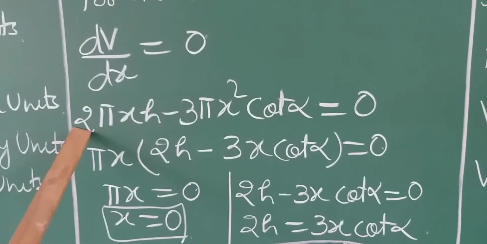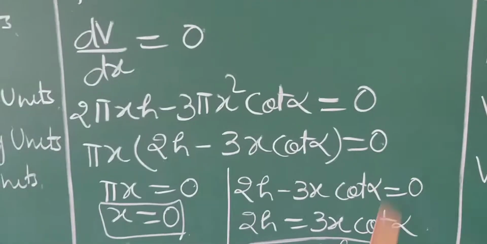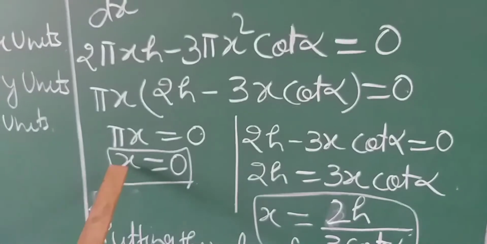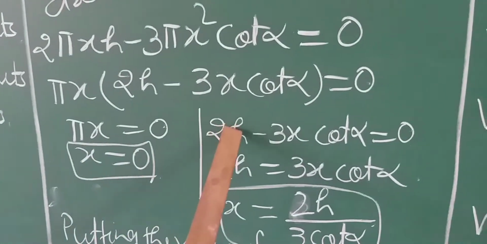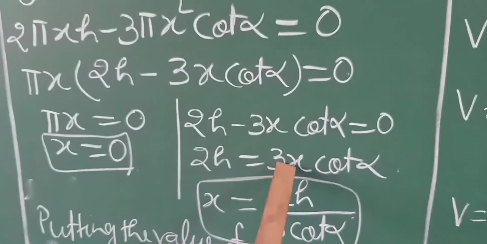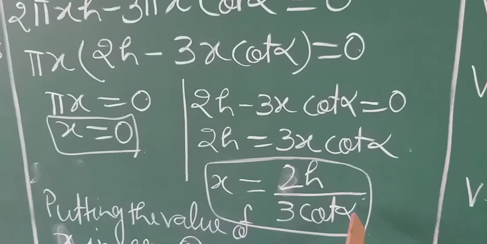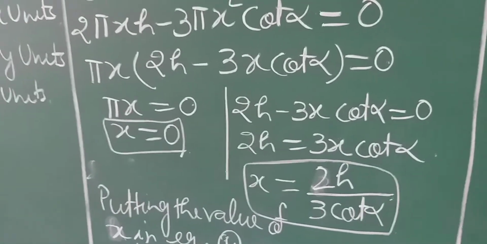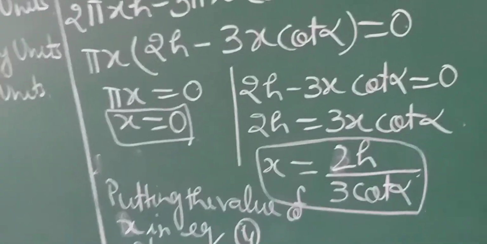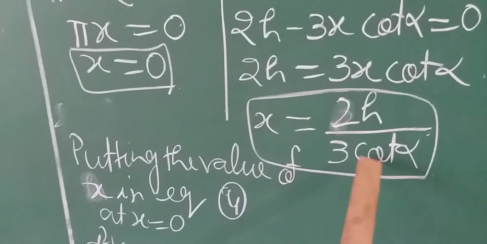So the left part is 2h minus 3x cot alpha equal to 0, or pi x equal to 0, then x equal to 0. 2h minus 3x cot alpha equal to 0, so 3x cot alpha equals 2h, x equals 2h upon 3 cot alpha. So we have got 2 values of x. One is 0. Second is 2h upon 3 cot alpha.